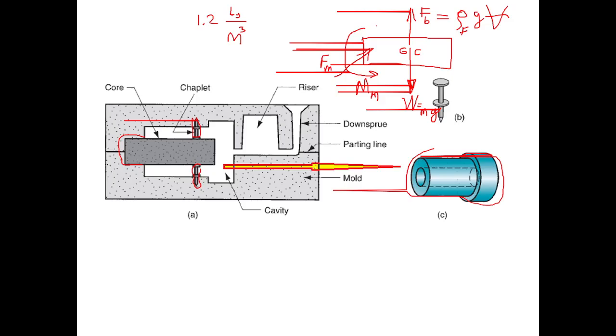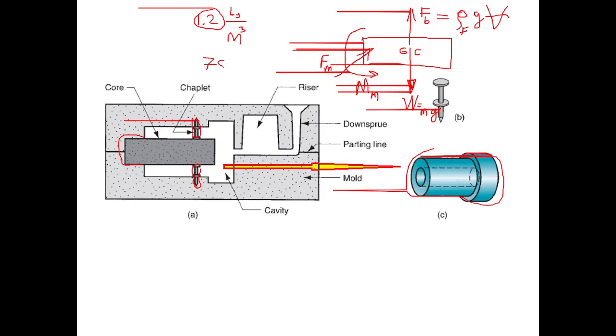Well, if the surrounding fluid is air, density is 1.2. When we perform the calculation, the buoyancy force relative to the weight of the body and relative to the magnitude of the other acting forces may be negligible. But since the density of, for instance, molten metal, cast iron or steel, is not 1.2.